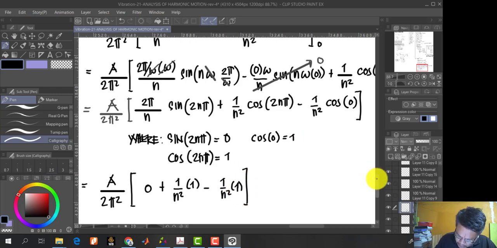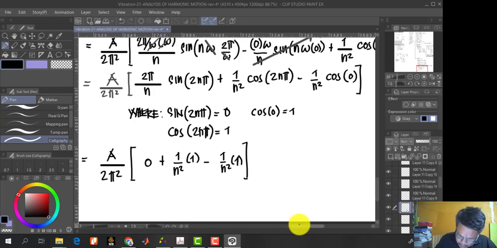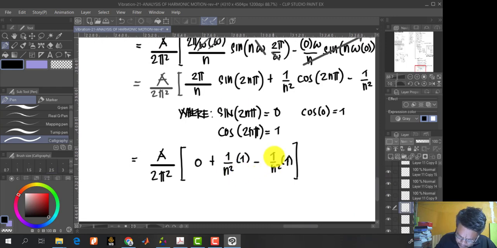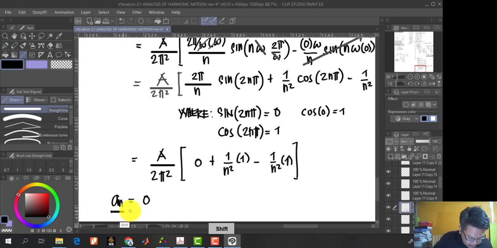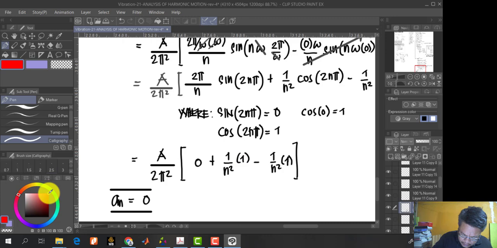And what is left here, this will be 0 out. So eventually, a sub n is equal to 0. Let me highlight this one. This will be cancelled out because it is 0, and this one will be 0 out also. So substituting that, a sub n is equal to 0.